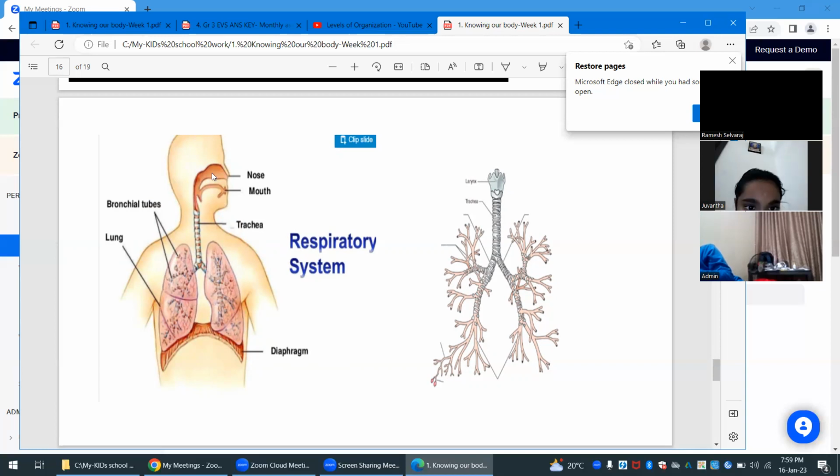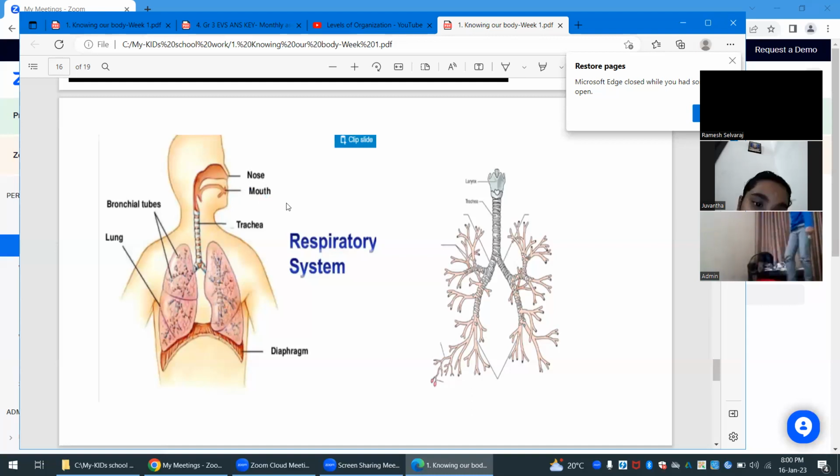When you are breathing in, inside the nose there are filters that will filter the air, then it goes inside our trachea, then to the lungs. But when we are breathing through the mouth, there is nothing to filter it. So don't use your mouth to breathe in or out. But sometimes you can use it, when you are running very fast or doing heavy exercise. At that time, even if you want to control your mouth, you cannot. But normally you should use your nose to breathe in and breathe out.